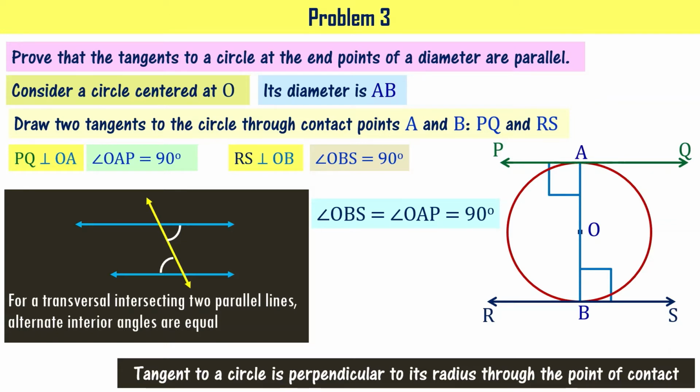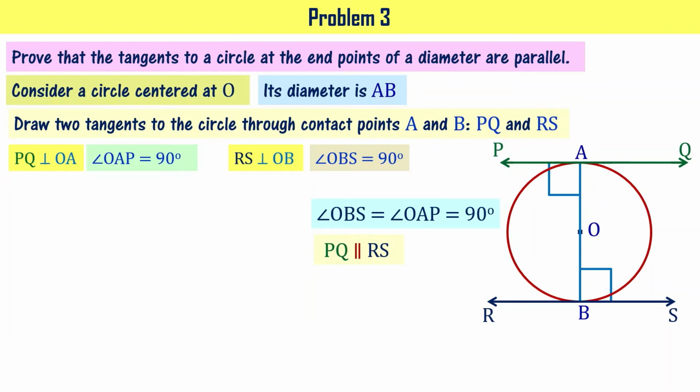If you see, these two are alternate interior angles, right? When these two alternate interior angles are equal, the transversal AB is cutting two lines PQ and RS, right? It means line PQ is parallel to line RS, right?